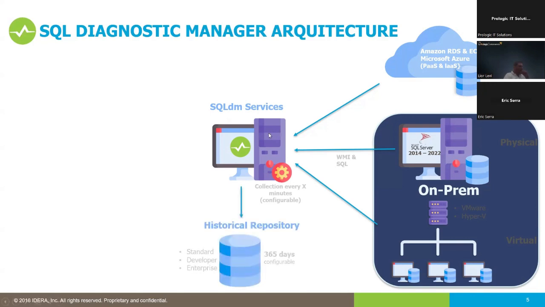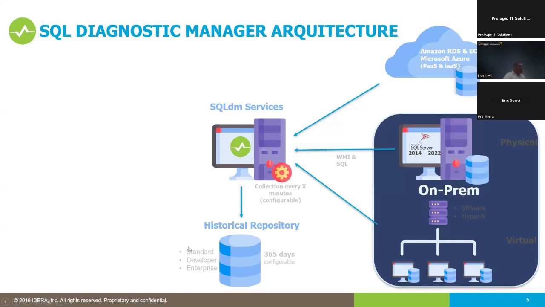And then another Windows service, which is a management service, saves on the fly all these hundreds and hundreds of metrics into our historical repository. And again, as I said, retention is 365 days by default, but you can modify these numbers.